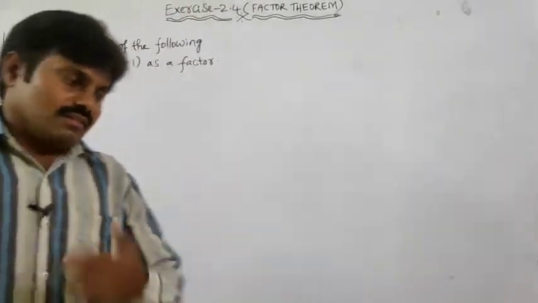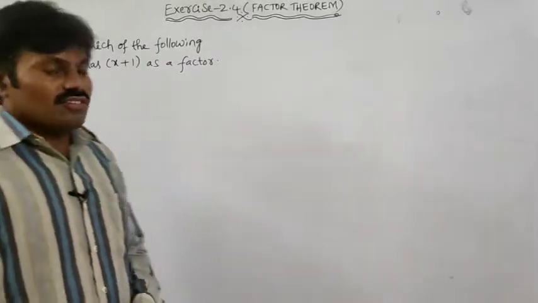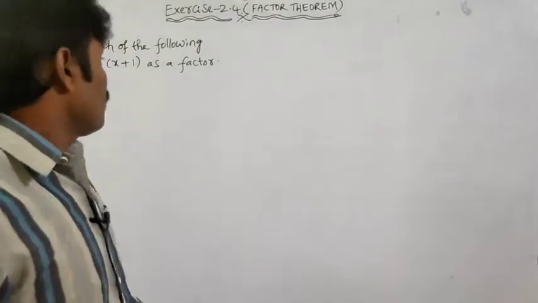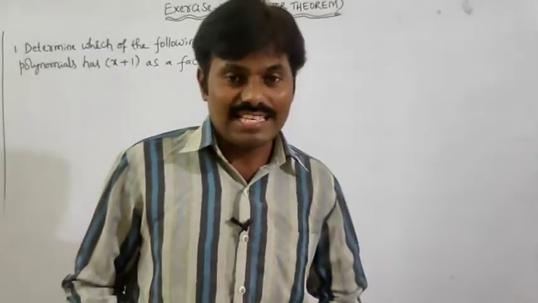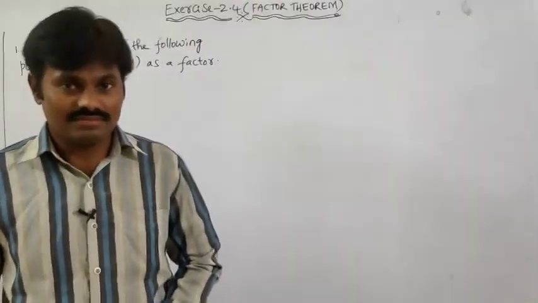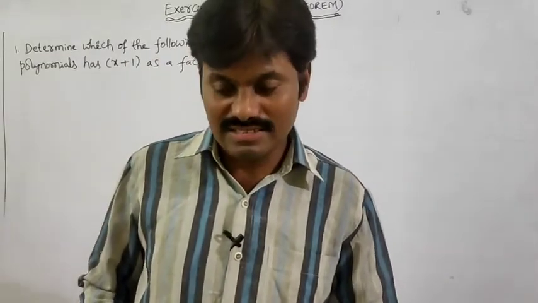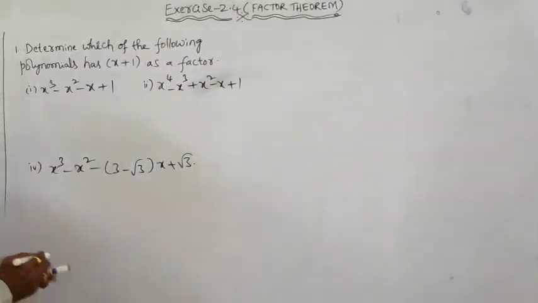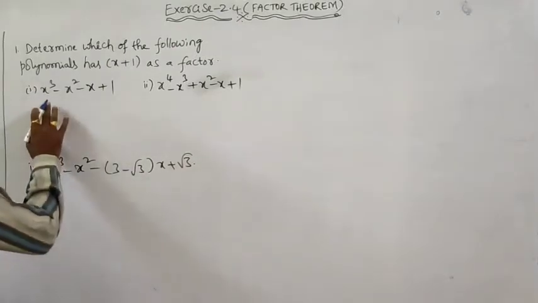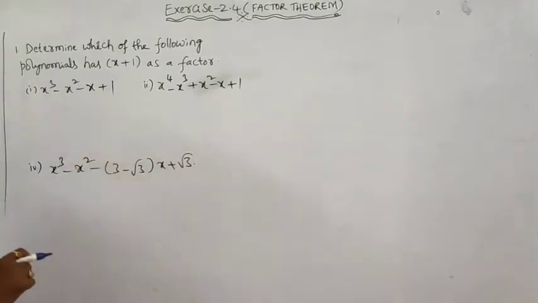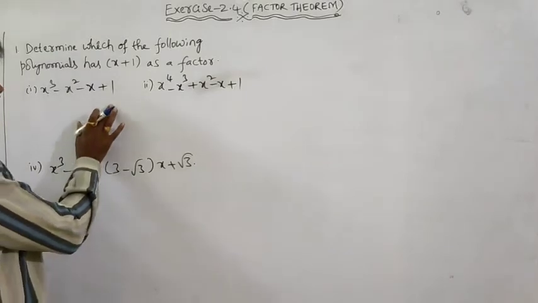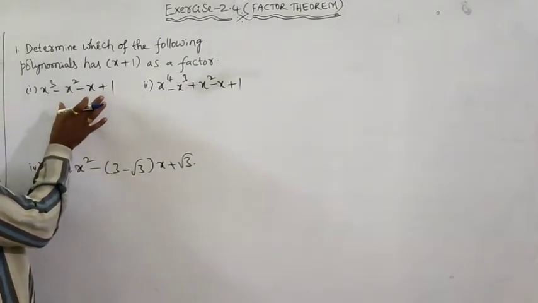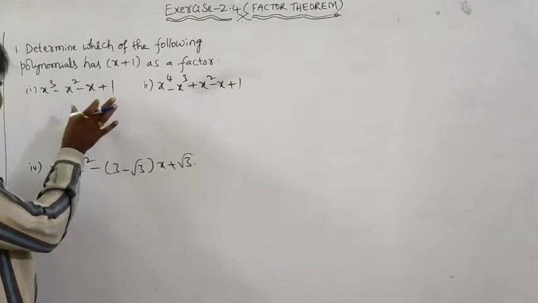We'll come back to exercise 2.4. The problem is, determine which of the following polynomials has x plus 1 as a factor. Look at the board. The first one is x cube minus x square minus x plus 1. First you have to list out the coefficients of the terms present in the polynomial.